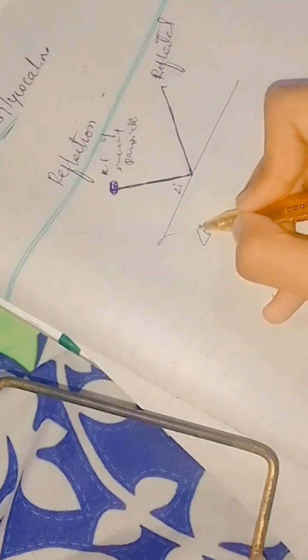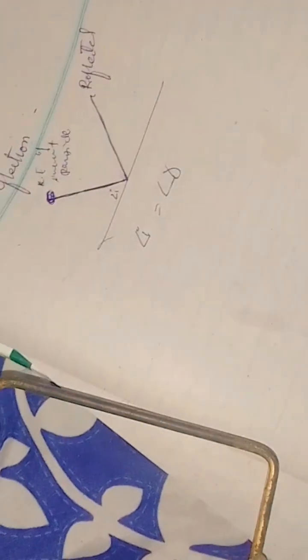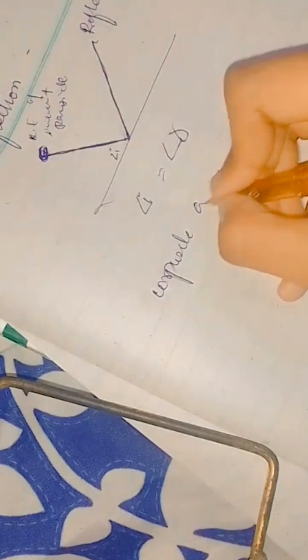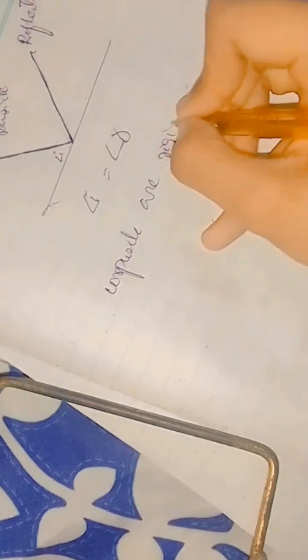The angle of incidence is equal to the angle of reflection, according to Newton. One more thing, according to Newton, the corpuscles are rigid and elastic. For example, like a Simpson ball, which is rigid, like hard, but also elastic.